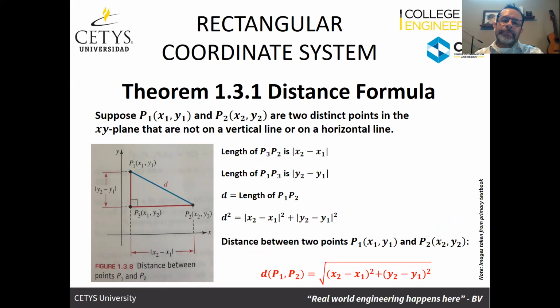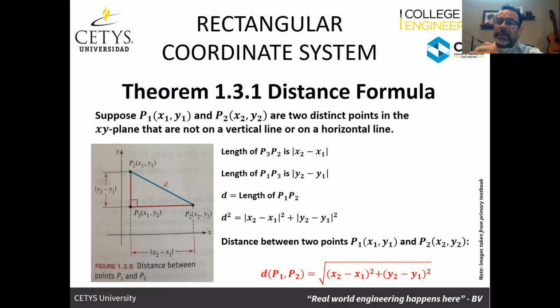And that's also here in the PowerPoint. Now, we already looked at the formula for the distance between 2 numbers, right? However, that formula was in 1 dimension. So the distance between 2 numbers is going to be the difference between 2 numbers. But what happens if now the 2 values, instead of being 2 numbers, are 2 points that are located in the XY plane?